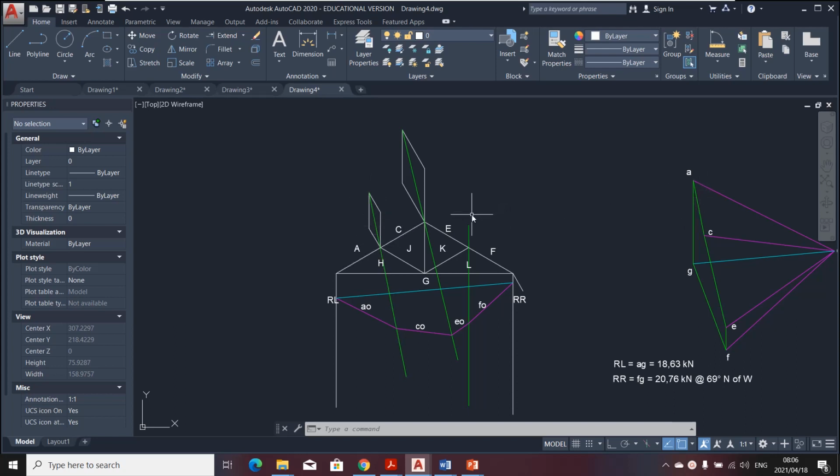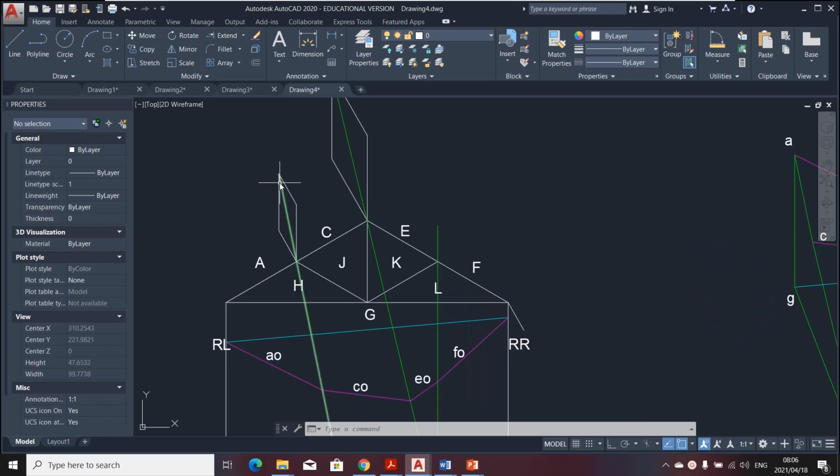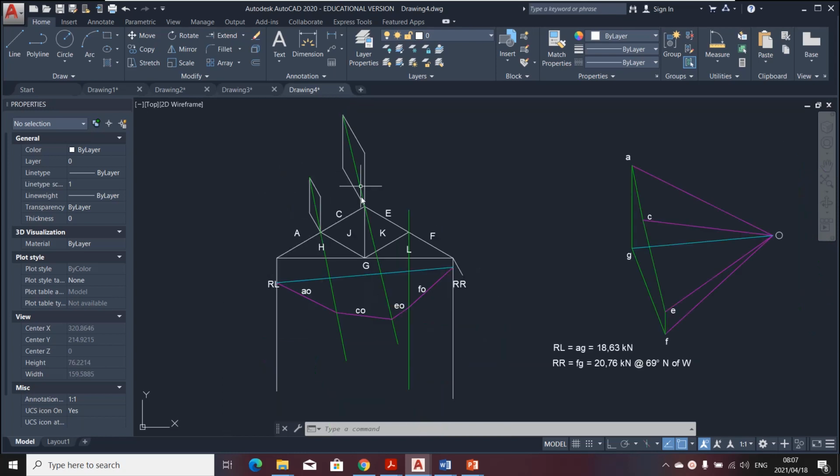Depending on the scale you use, you measure the distance of your resultant and multiply it by your scale to get the resultant force. You do the same with the diagonal line, which is the resultant of the two forces here.